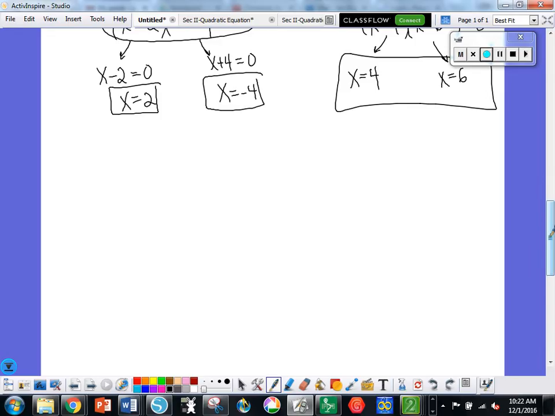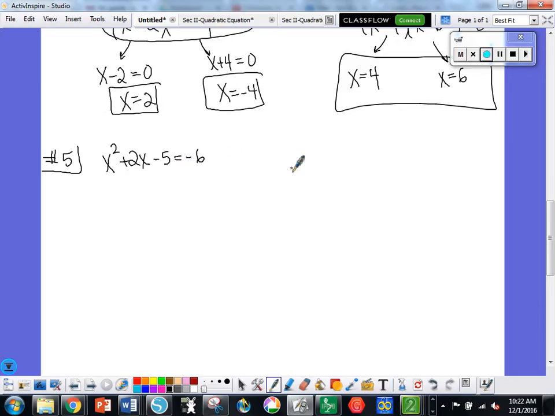Number 5. We have 5 and we have 6, and then I'm giving you your homework assignment. What do you do? Let me think about this carefully. x squared plus 2x minus 5 equals a negative 6.